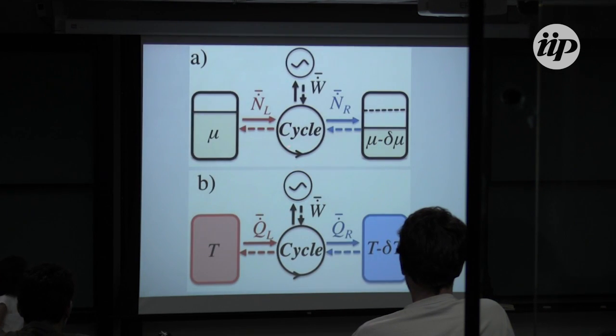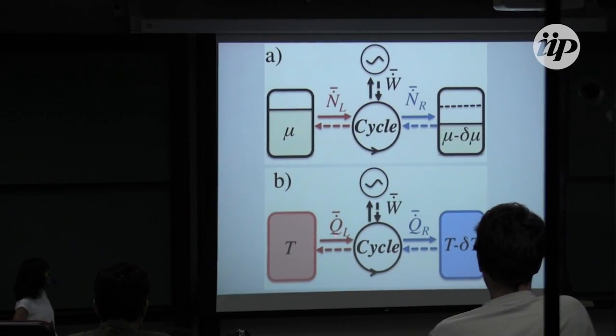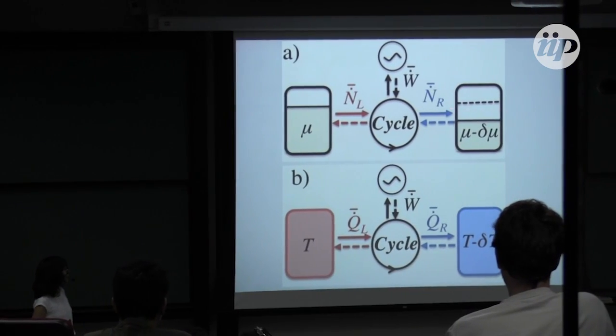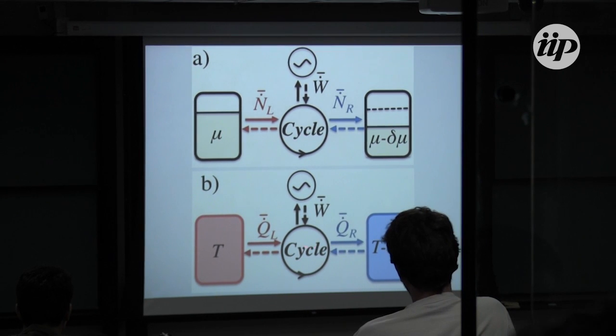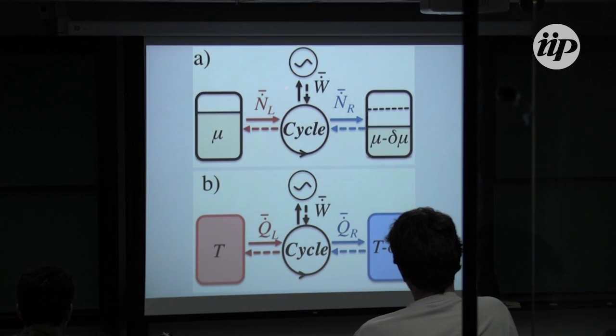So this is the setup. We have here a conductor, as before, at which we impose a difference in the chemical potential, a difference in the temperature, or both. But in addition, we also apply some driving with AC forces.